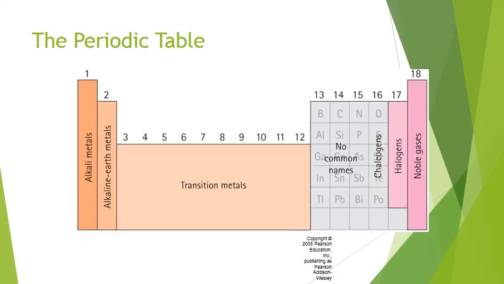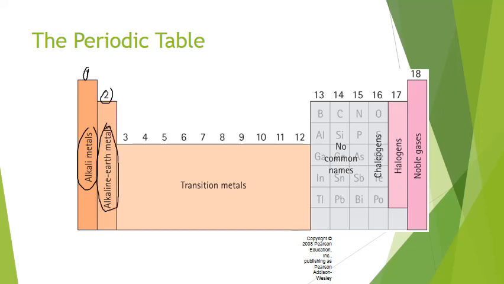Okay, moving beyond that, we've already broken down the periodic table into metals, metalloids, and nonmetals. You'll also from time to time hear certain groups being called by common names. Group 1 are typically called the alkali metals. Group 2 are quite often called the alkaline earth metals.